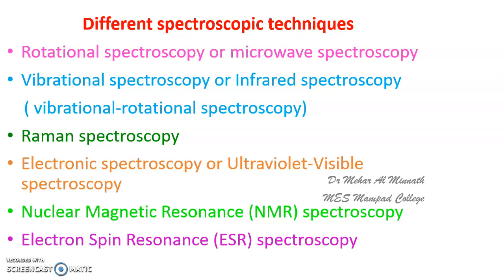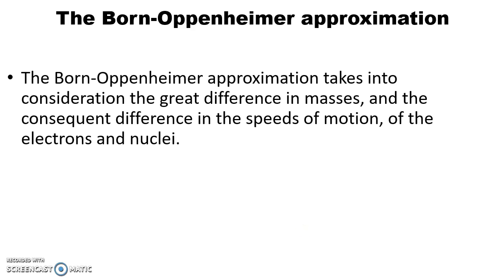Now to understand the various spectroscopic techniques, we need an approximation called the Born-Oppenheimer approximation. In this approximation, the difference in the weight of the nuclei and the electrons is considered.